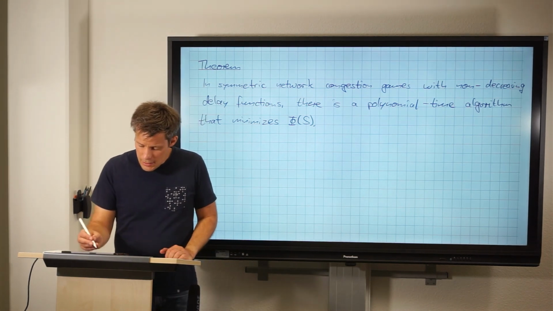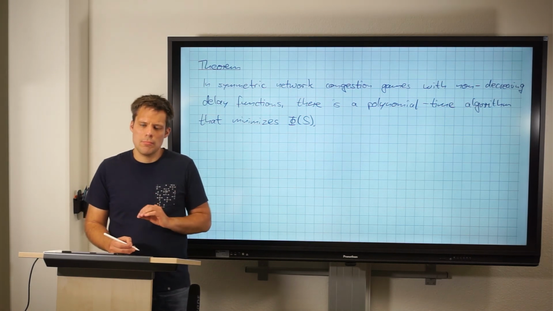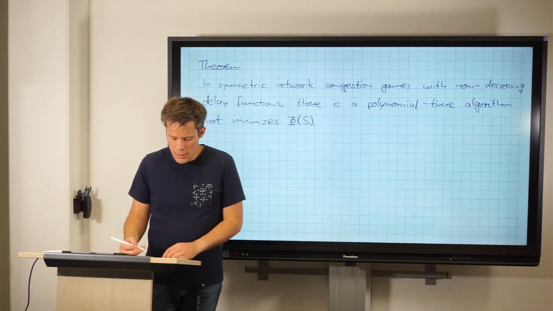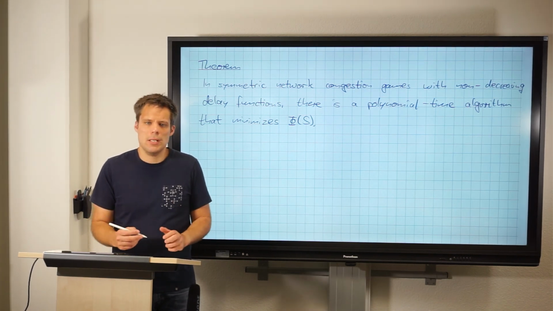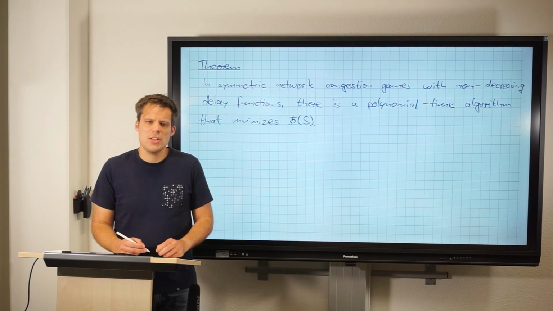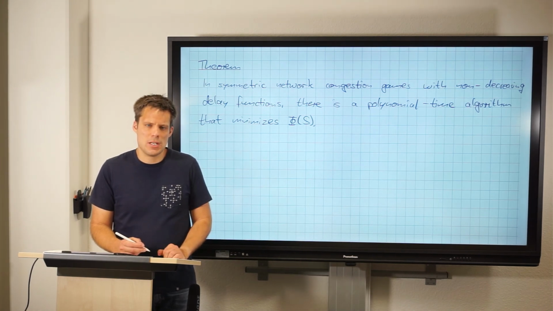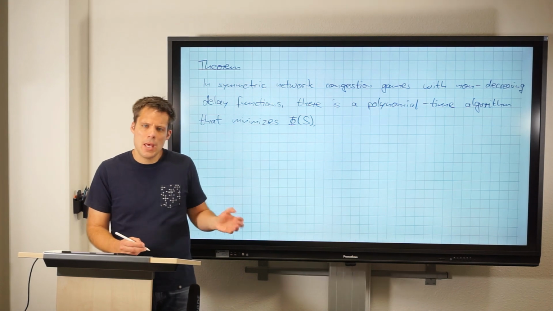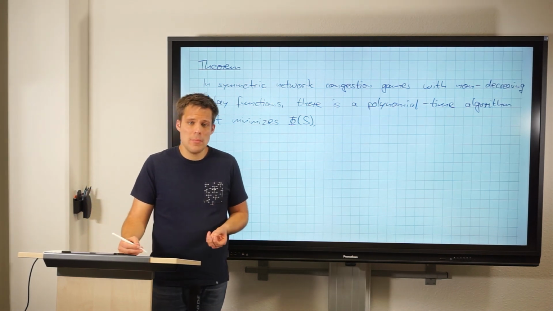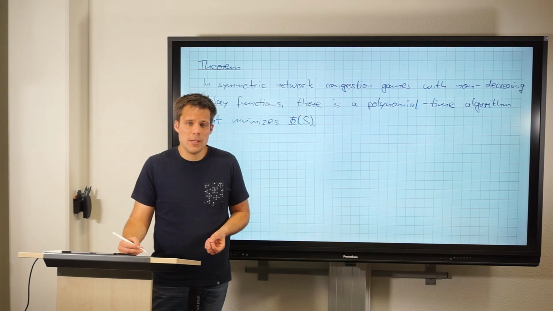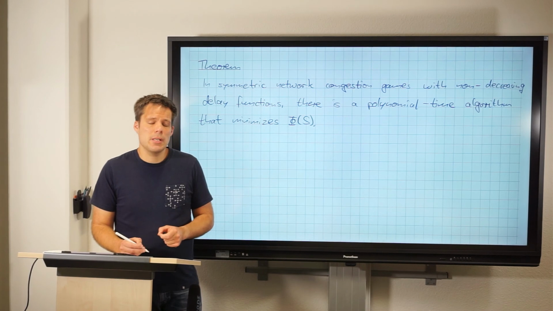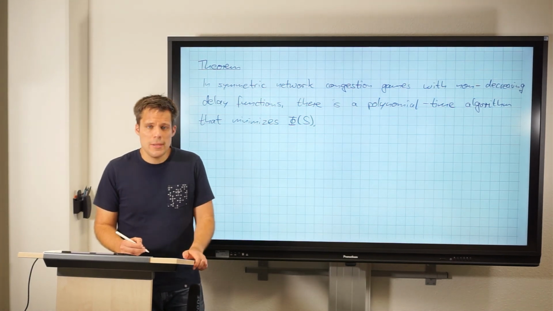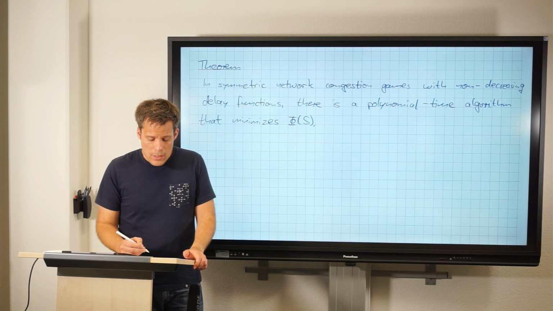How do we do that? Once again, I hope it is clear that globally minimizing the Rosenthal potential is sufficient to finding a pure Nash equilibrium. Not every pure Nash equilibrium corresponds to a global minimum of the Rosenthal potential, but definitely the other way around: any global minimum corresponds to a pure Nash equilibrium.